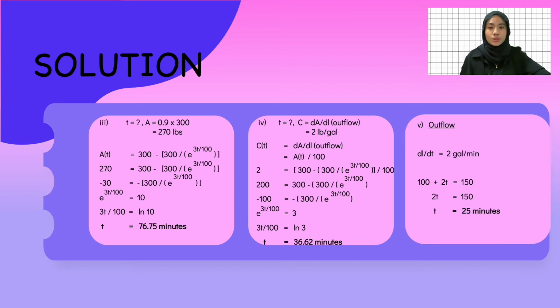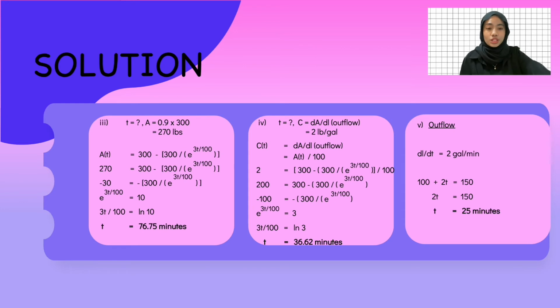To solve question 3, which is the time required for the amount of salt to reach 90% of the limiting value obtained in 2, we can use the equation from question 2, which is A(t) equals 300 minus 300 over e to the power of 3 over 100 t. So we can put in A, which is 270 pounds, and we get t equal to 76.75 minutes. For question 4, the time when the brine exiting the tank has a concentration of 2 pounds per gallon.